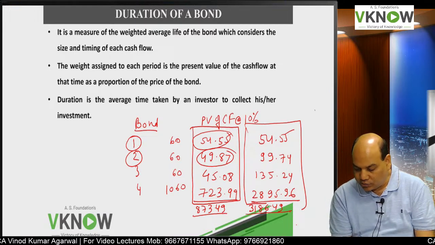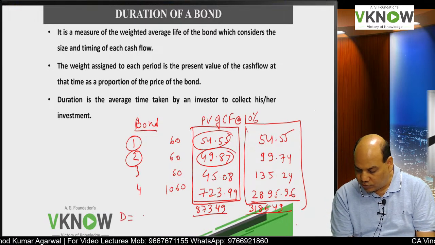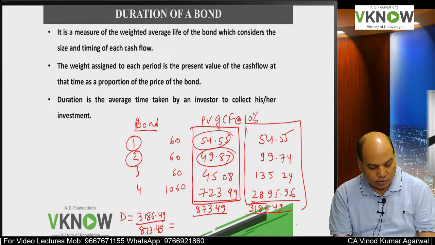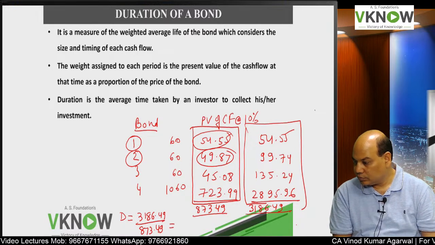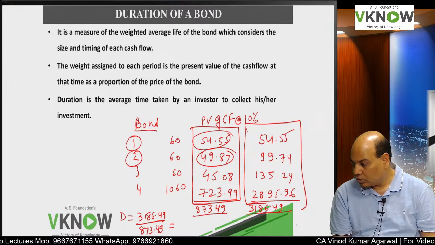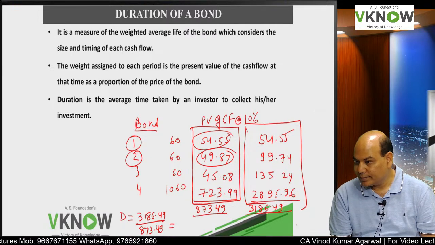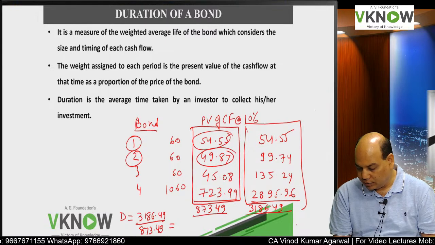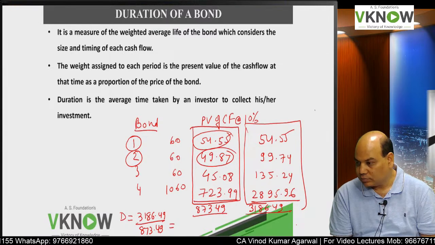Okay, so in this case the duration will be equal to 3186.49 divided by 873.49. So tell me how much is that? Yes, Roshni, what is the answer? 3186.49 divided by 873.49.